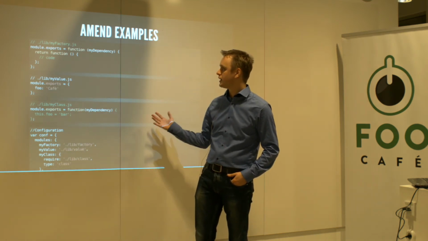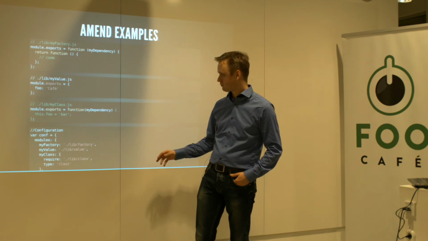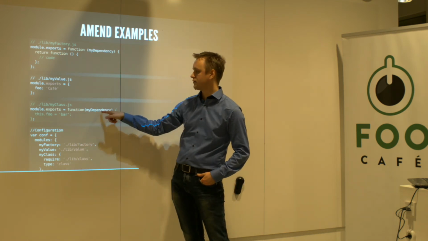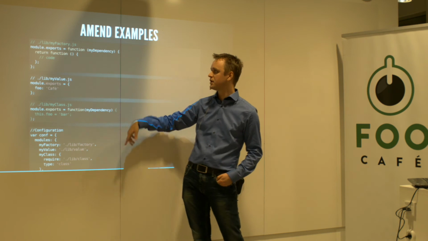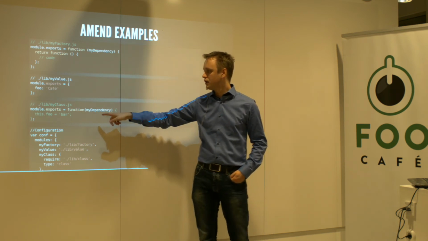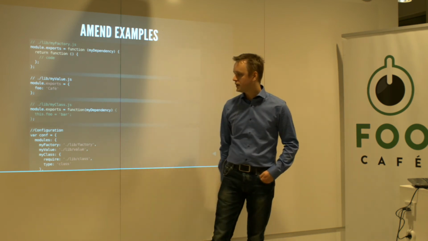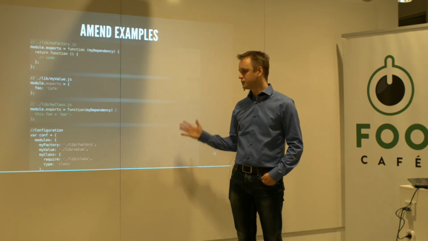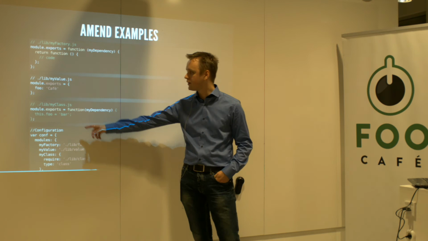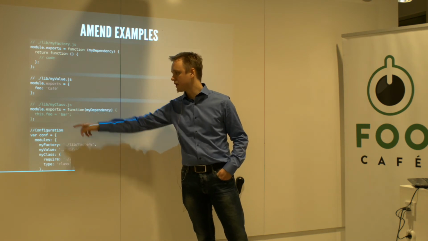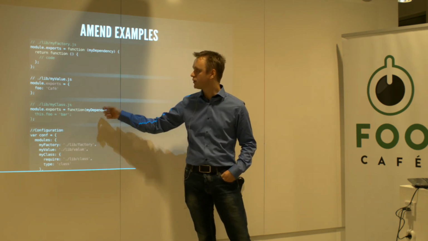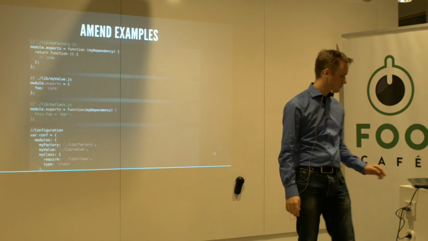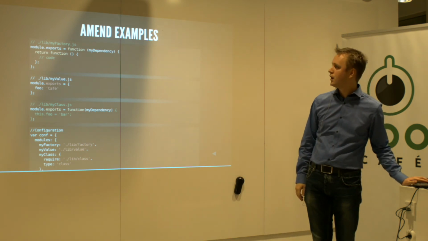And you could easily inject those here if you wanted. So if you want the class to be dependent on the factory, then you just put the name in here. And when you require this class, it will be called with the dependency of the factory.